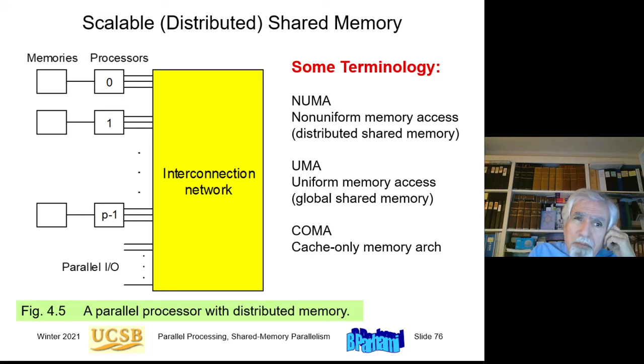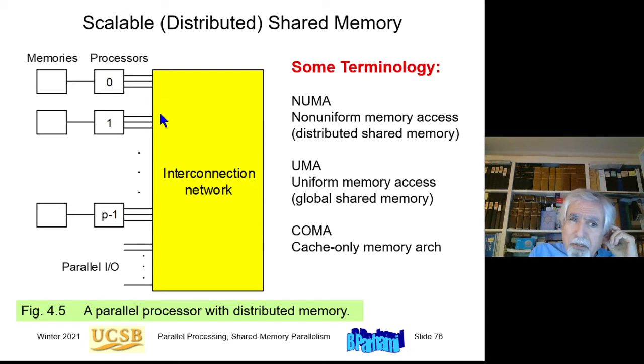So in distributed memory, shared memory processors, you have different memory banks, each associated with a processor. If a processor wants to access this memory bank, it has to go through the interconnection network and through this other processor in order to access its data.